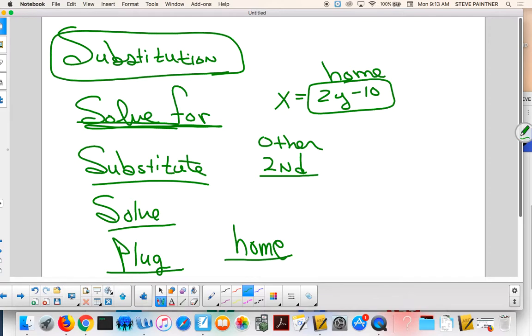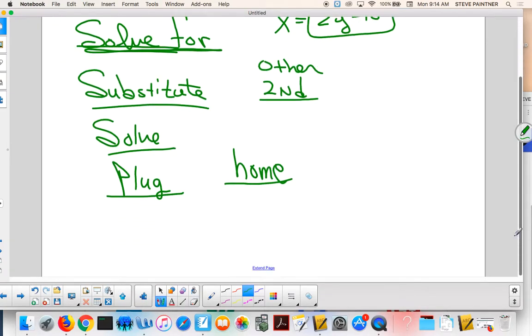Number 5, write the answer as. How do you write your answer? That's how you write your answer. What's that called? Write your answer as a point. A specific point. Well, what do we call that when we put numbers here and here?